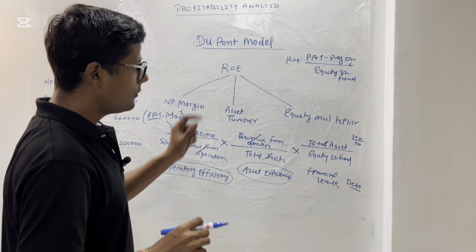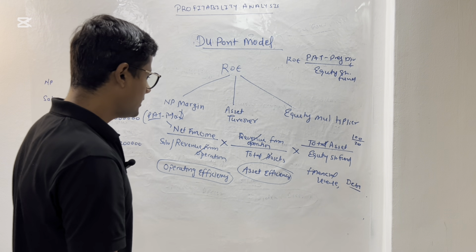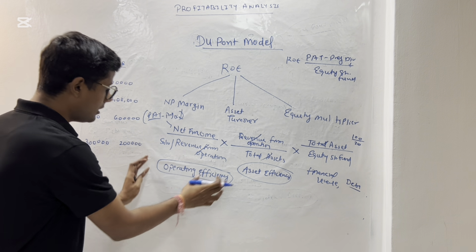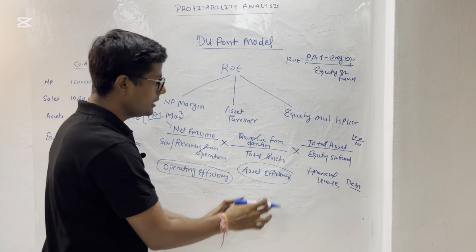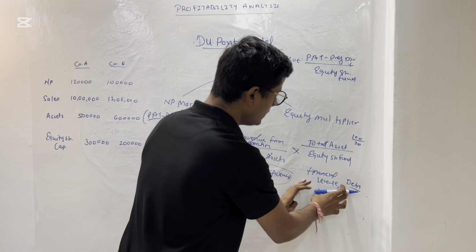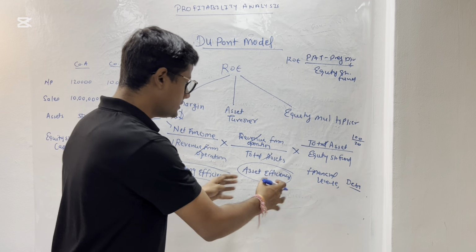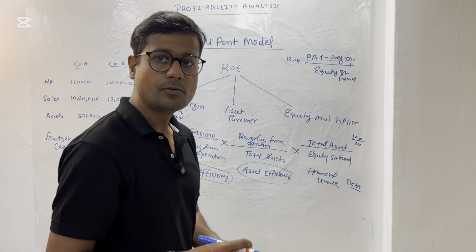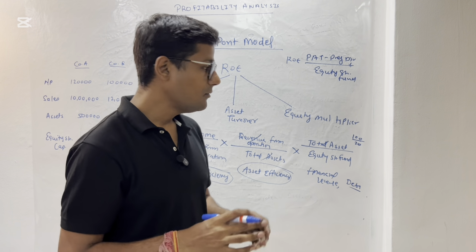The overall formula is the same, but since we are dissecting it, we are understanding the company's operating efficiency, its asset efficiency, and how debt is being utilized, the financial leverage. Since we get into the detail of all these three, it helps us know, if the company's ROE is more, why it is more.